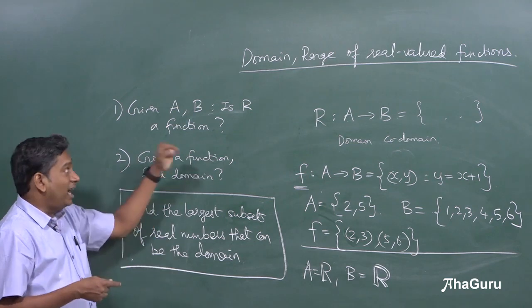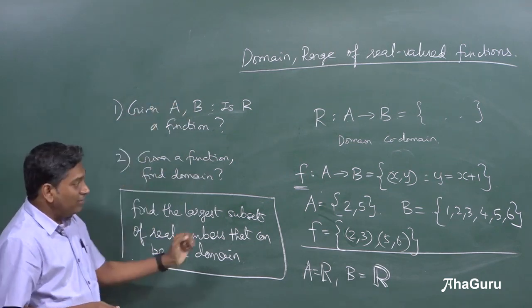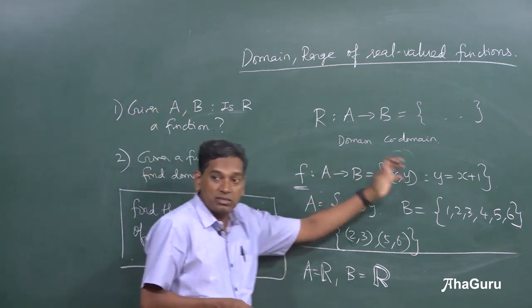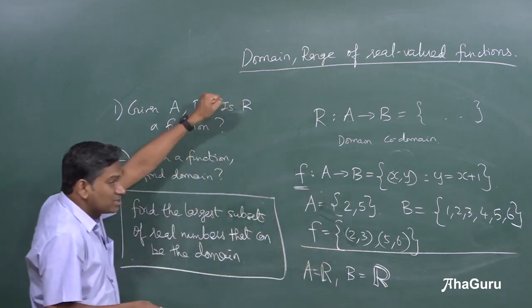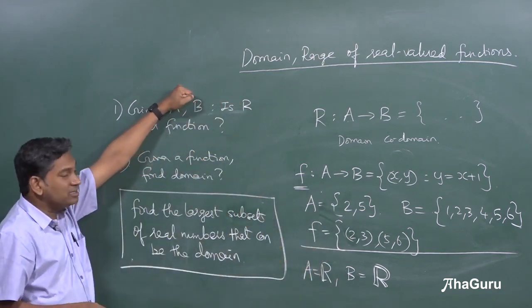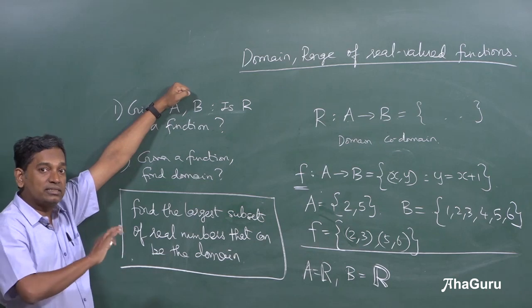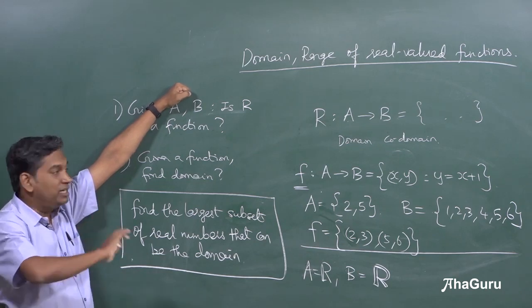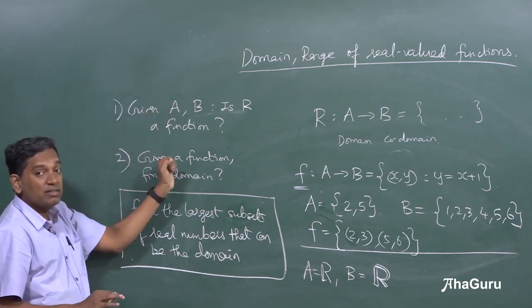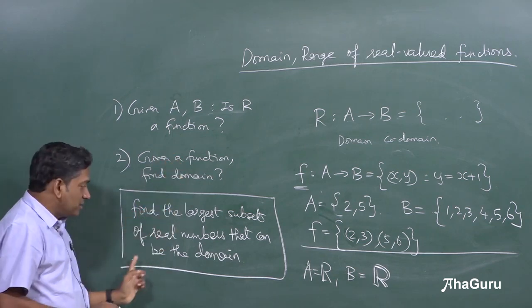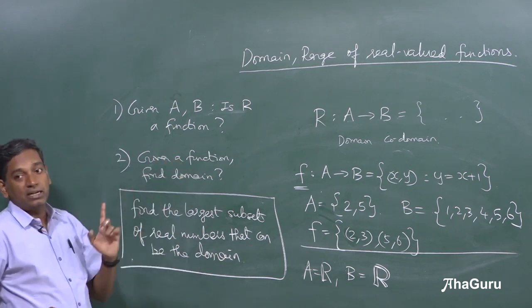Remember, the other question that could be asked is, I will tell you what A and B are and ask you, is this relation a function? That just still requires the standard test of the two conditions, and that's fine. But this is a very different kind of question, and this is what is meant in that question.